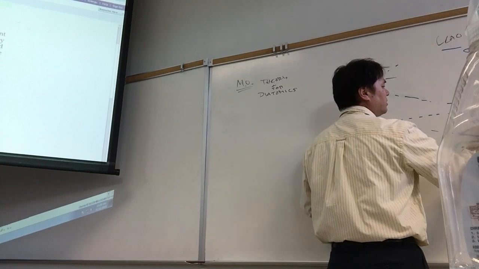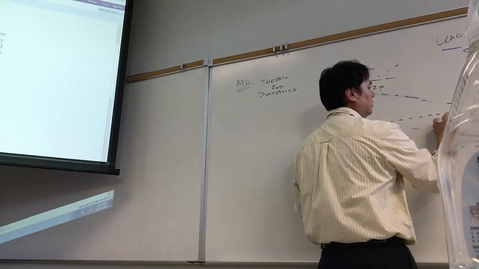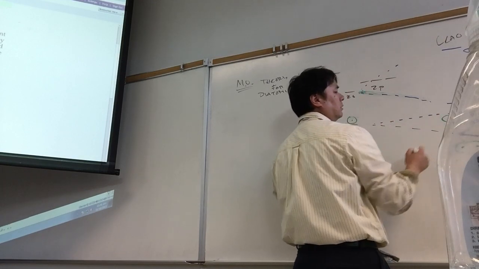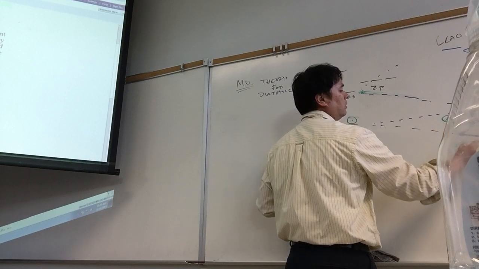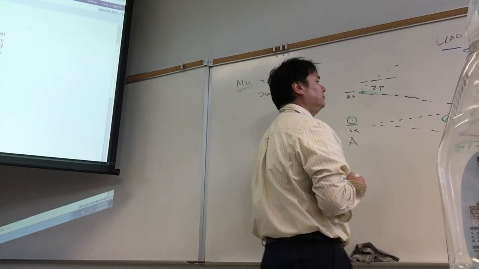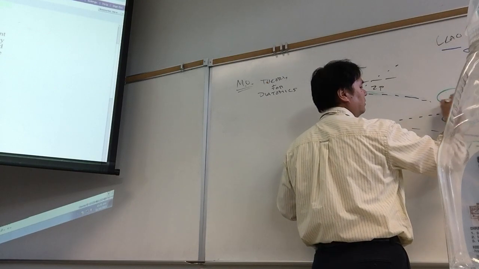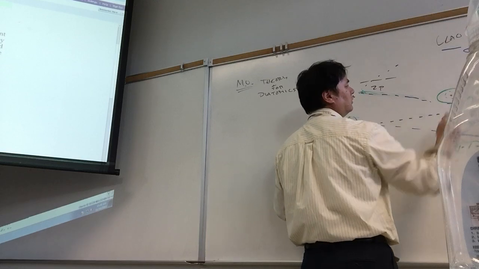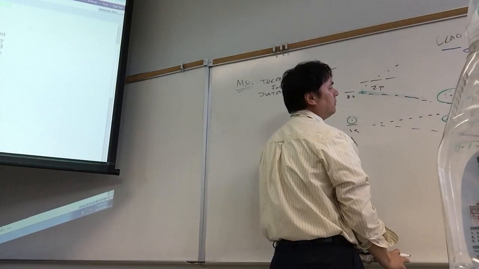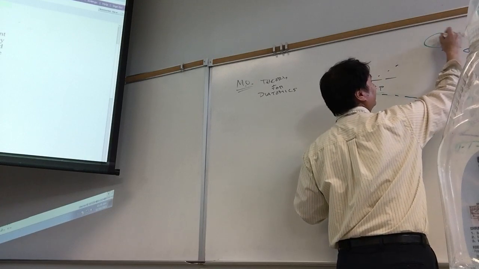Sigma star 1s is like this. Electron density is now here. The sigma 2s is just a bigger version of the sigma 1s. There are going to be nodes of course, but you don't have to worry much about that. Sigma star 2s is going to look like this.